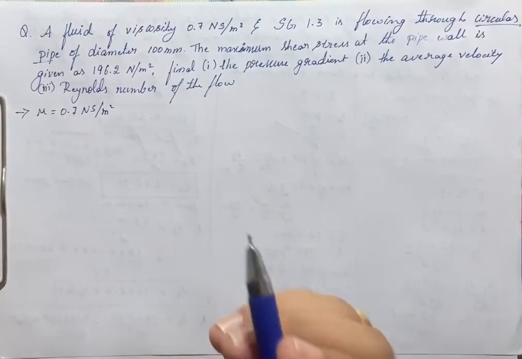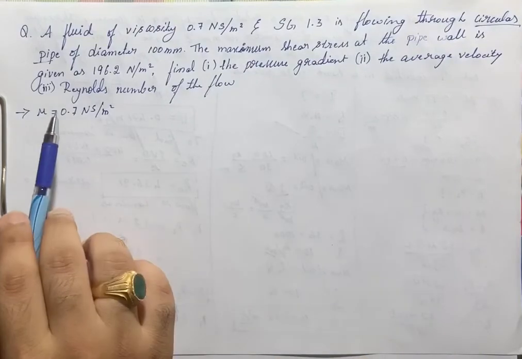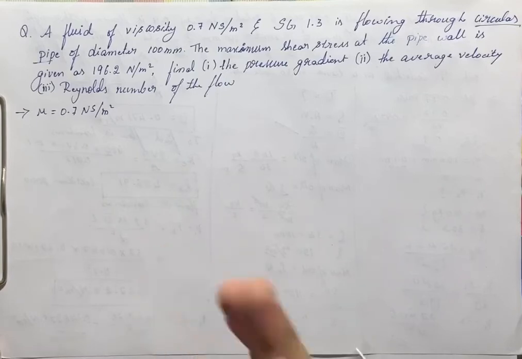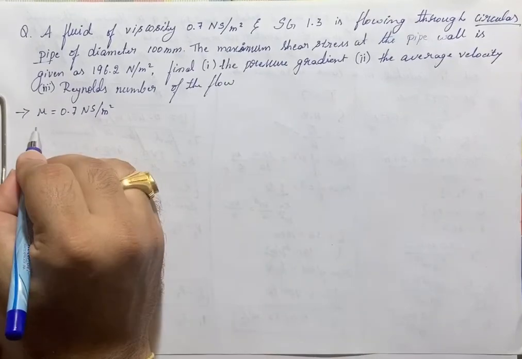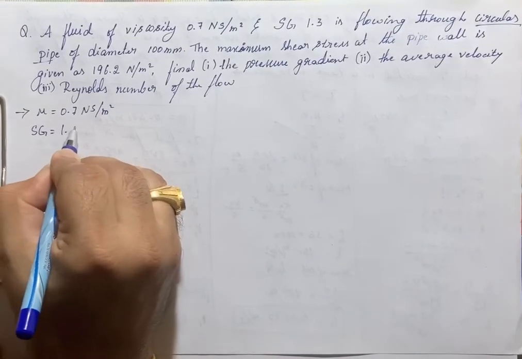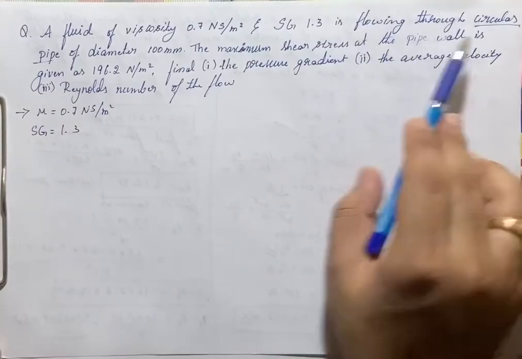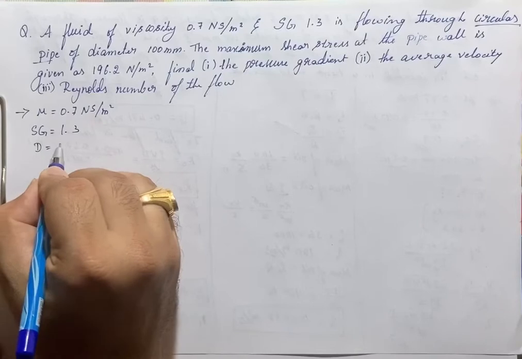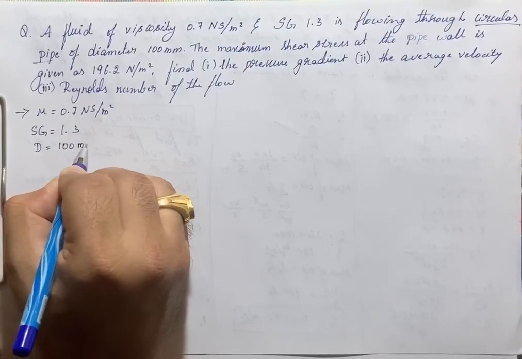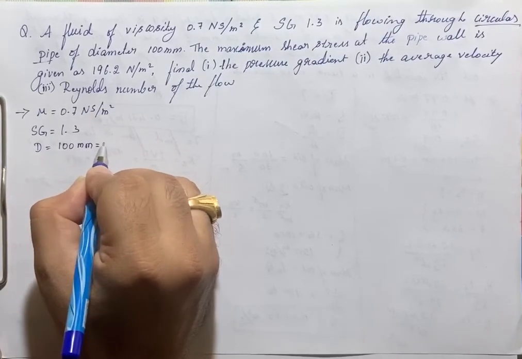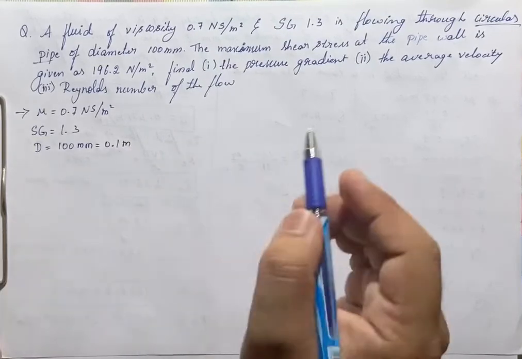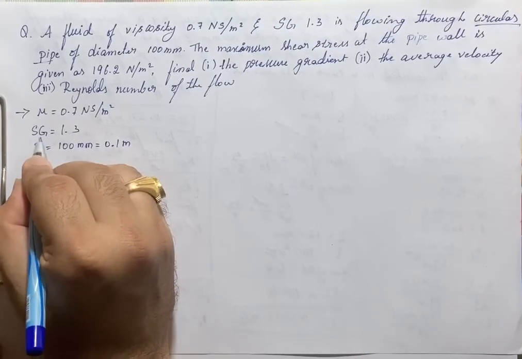No need to convert this into poise, because we will be directly utilizing it in terms of Newton second per meter square itself. And specific gravity is given as 1.3. It flows through a circular pipe of diameter D, which is 100 mm. If I write it in terms of meter, it becomes 0.1 meter here, right? I'll write it in terms of small d only.